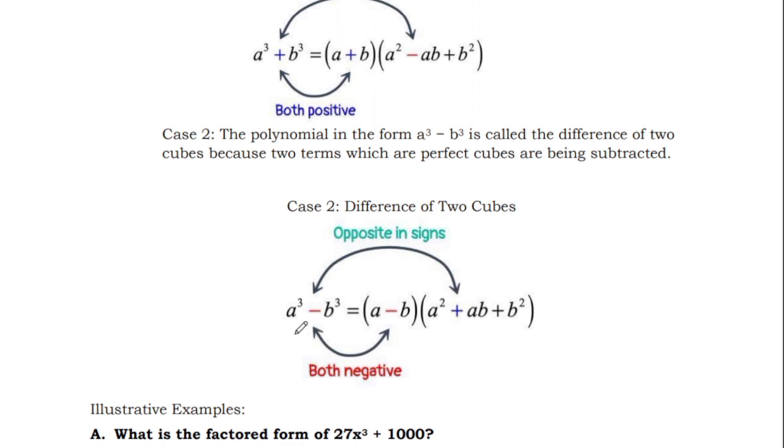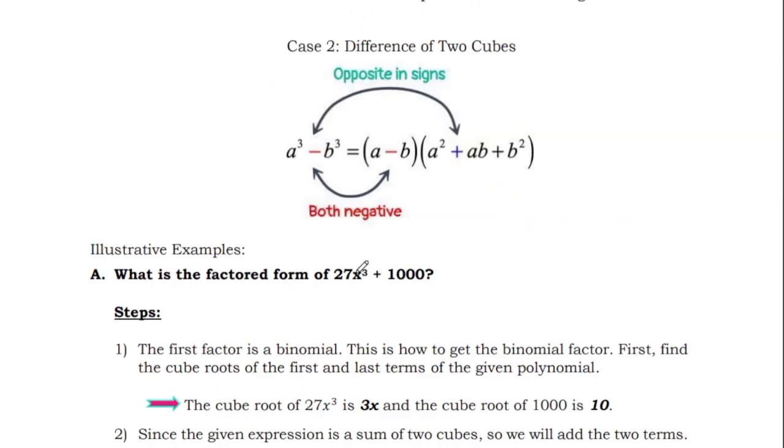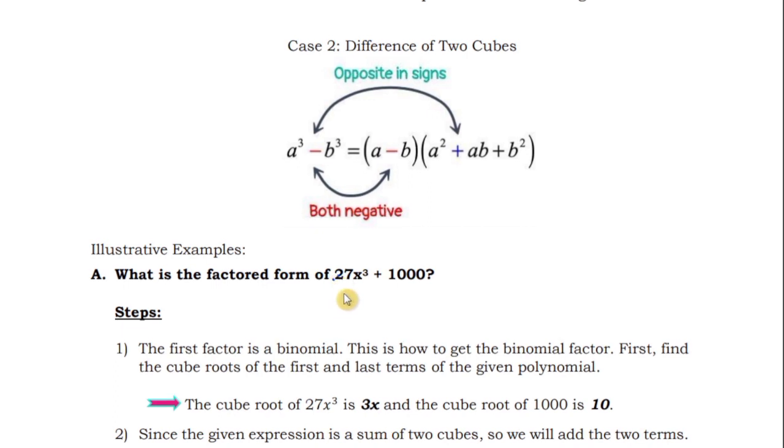How to work out with that? Okay, so to begin with, let us try to investigate. 27x cubed is a perfect cube of 3x, right?